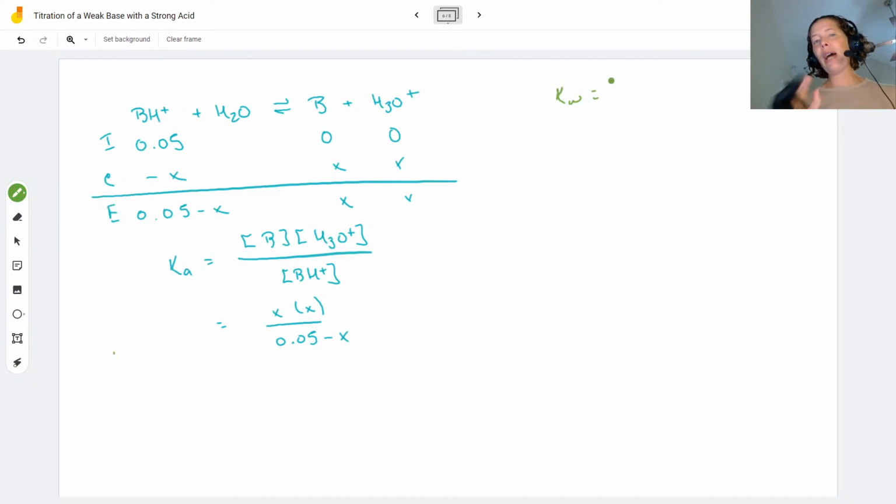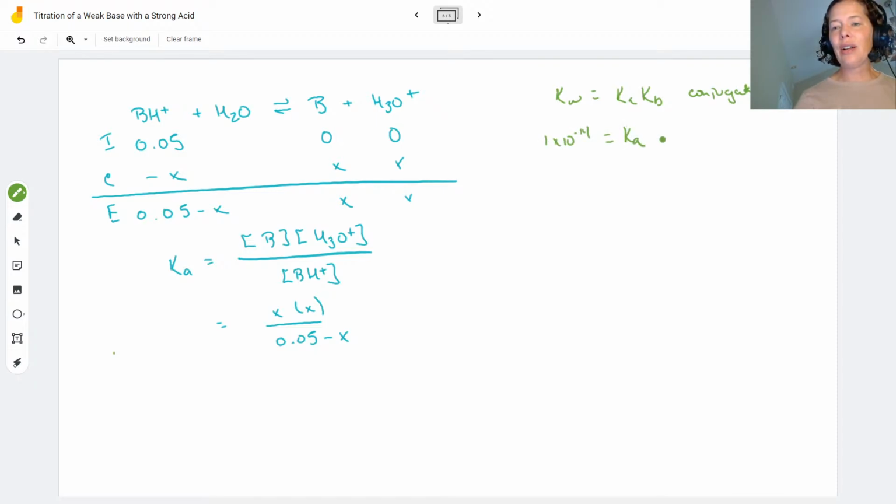So remember, when you have an acid-base conjugate pair, their equilibrium constants are related by Kw. So Kw equals Ka times Kb for a conjugate pair. We know the Kb, we always know Kw, so we can calculate the Ka. Kw is 1 times 10 to the negative 14th, and our Kb is 1.7 times 10 to the negative 9th.